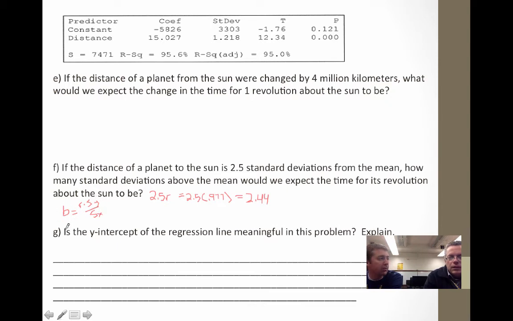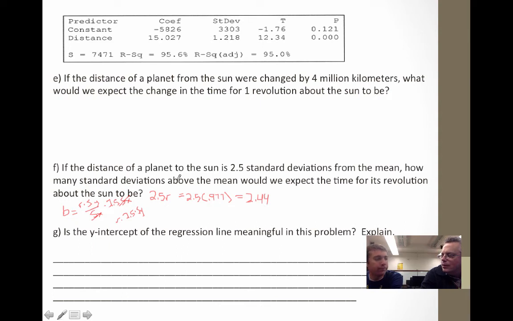If we multiply that by 2.5 standard deviations in x, the standard deviation in x cancels, and we're left with r times 2.5 times sy, which means 2.5 r standard deviations in y.